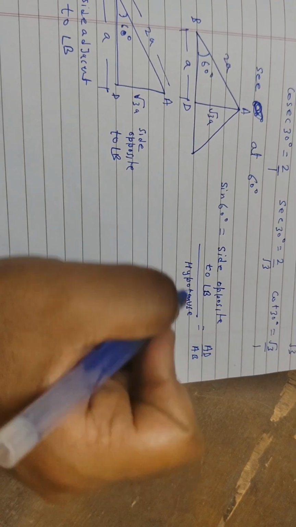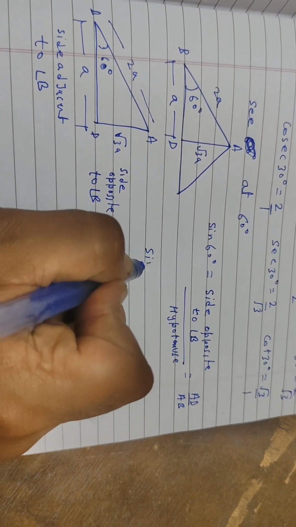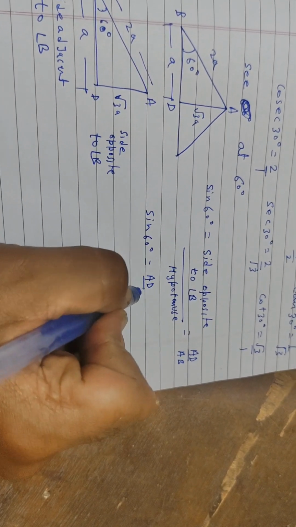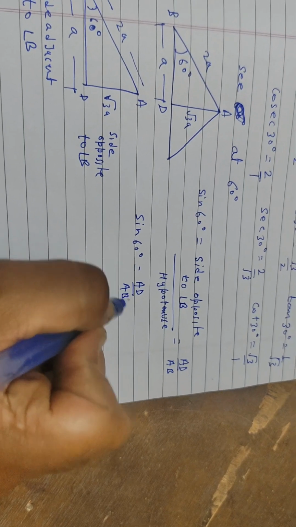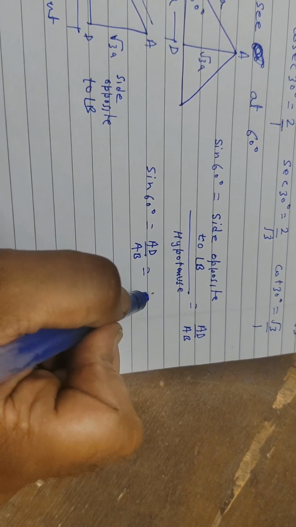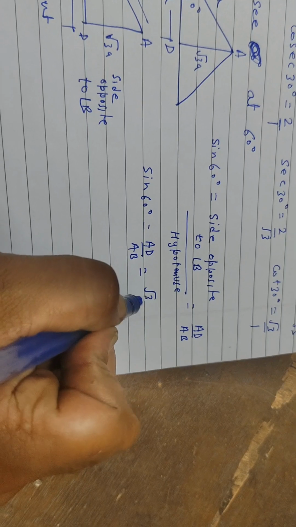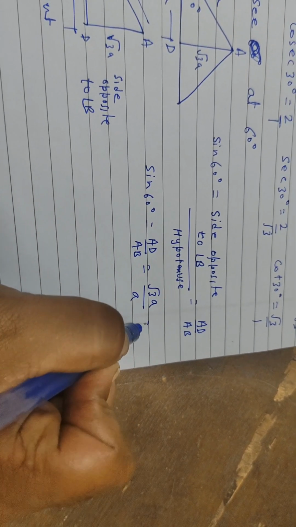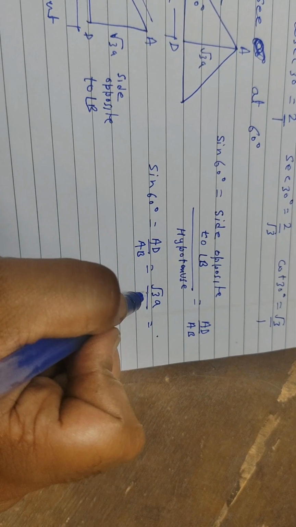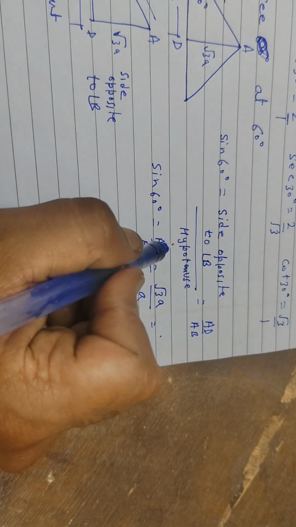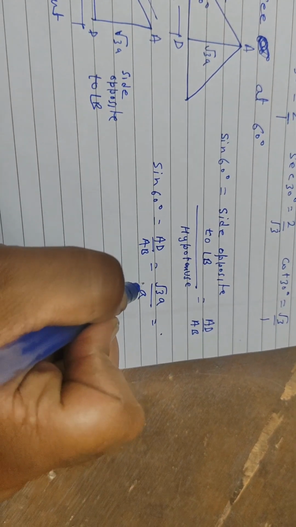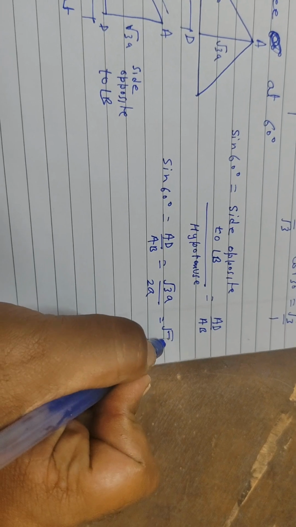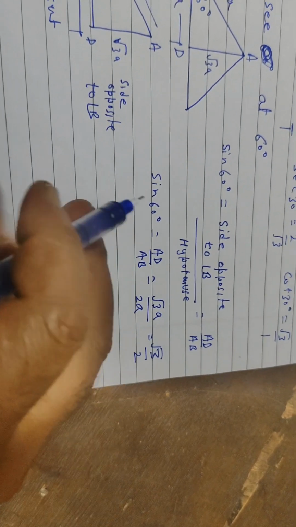So sin 60 is AD by AB. AD is root 3A over hypotenuse 2A. So A cancels, root 3 by 2.